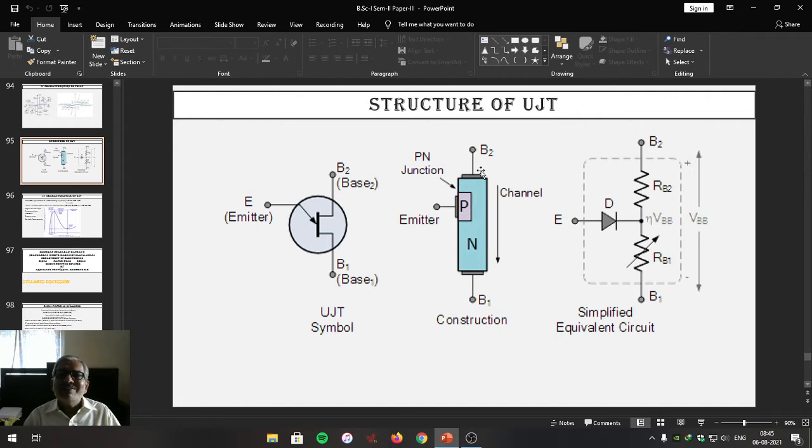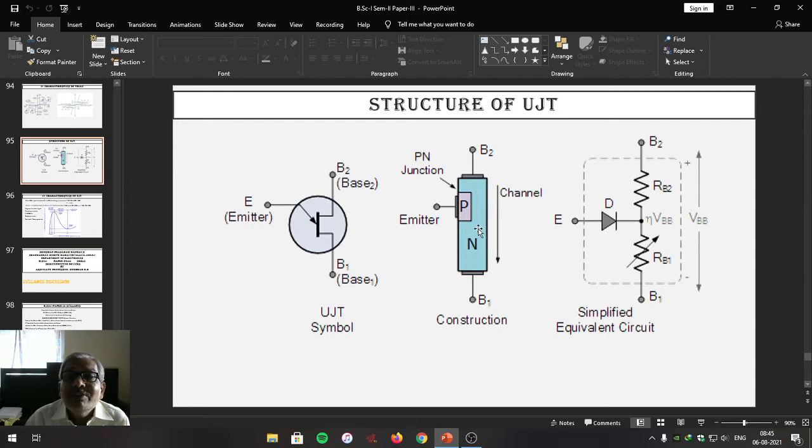To understand the construction of UJT, we can say it consists of an N type semiconducting bar. So this is the sky blue colored bar, and it is of N type semiconductor. When we say that it is N type semiconductor, one should always remember that it has majority charge carriers as electrons and minority charge carriers as holes.